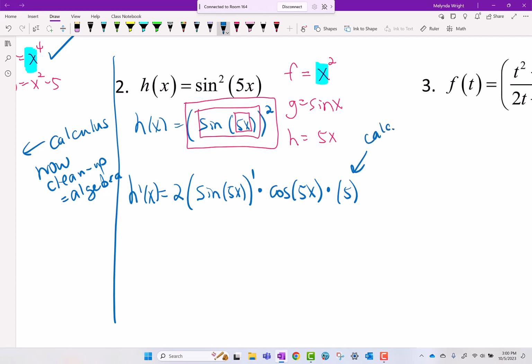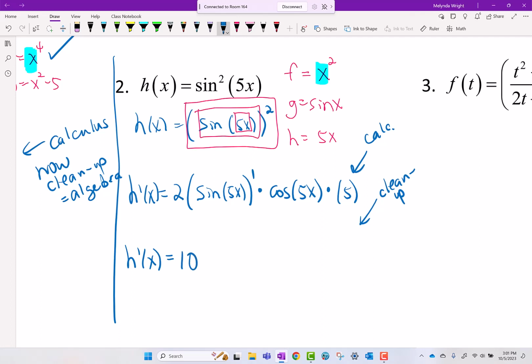Now we need to clean up. That's the calculus part, next is cleanup, which is algebra. So h prime of x. I only want to mess with the things that are easy, like 2 times 5. I can do that, and I should do that. I shouldn't leave them so far apart, because they're just numbers. So that's 10.